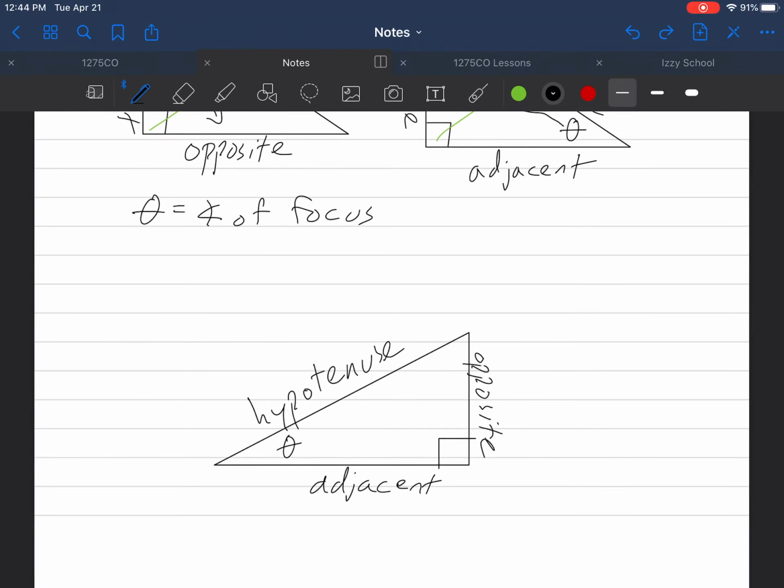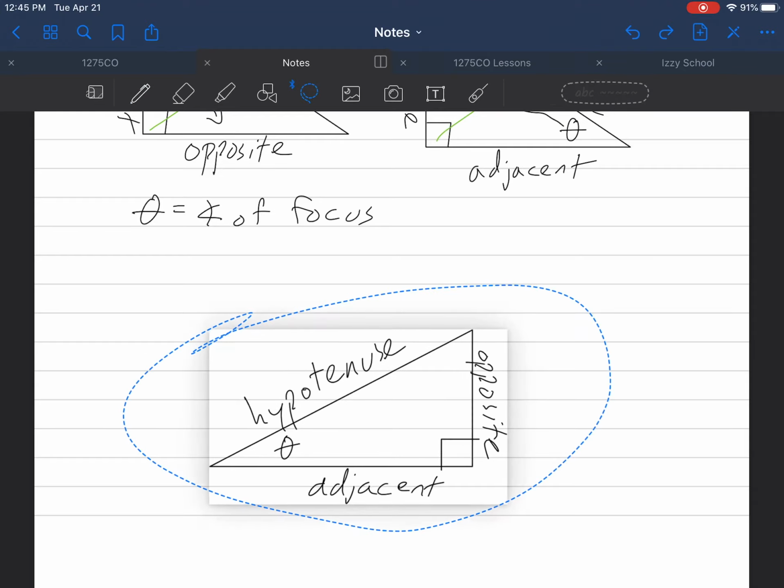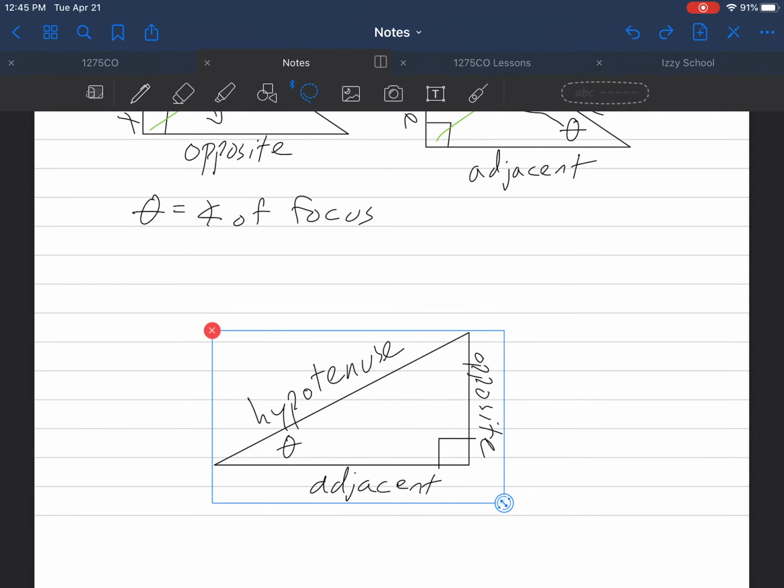So if your triangle is drawn differently, then your labels are going to be different. So I'm going to hesitate to refer to left side, right side, bottom, and top. I'm going to refer to them as opposite, adjacent, and hypotenuse, because those labels are going to be correct no matter what, right?